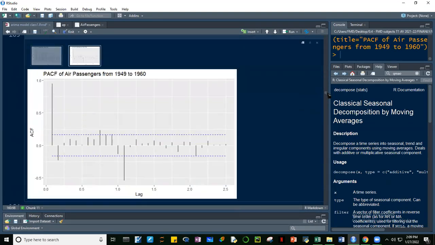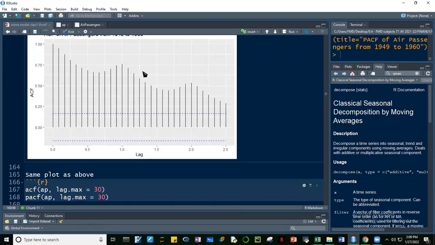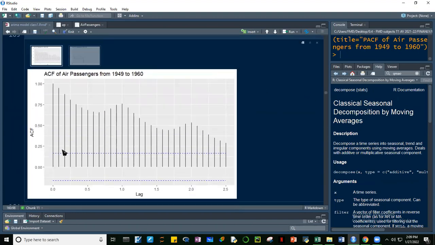Okay, so we have PACF at saka ACF. So ito yung autocorrelation function, no? Ito yung correlation ng series with itself, kaya 1 yan. Ito guys, yung value ng correlation ng series at saka yung t-1, yung 1 past value.